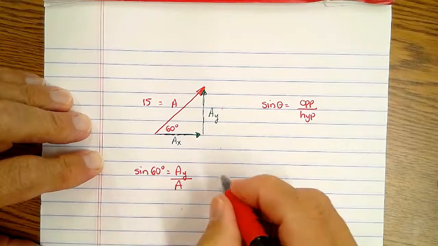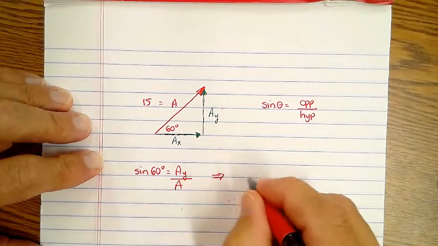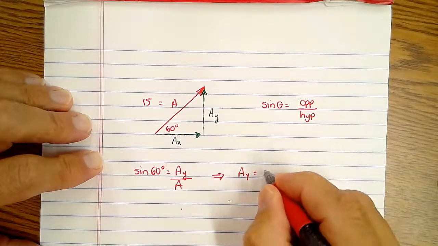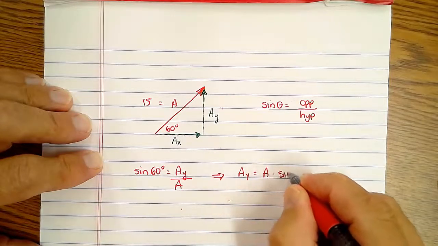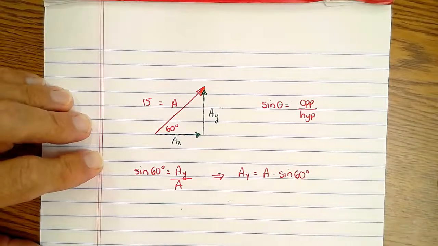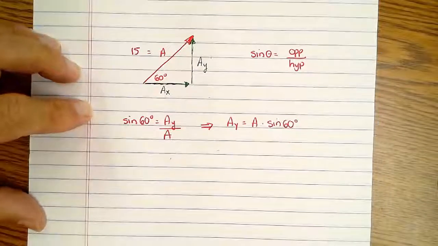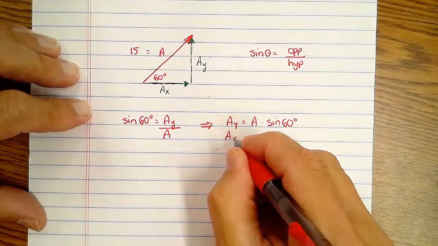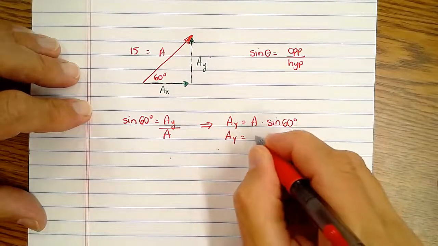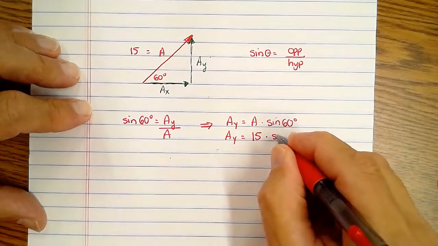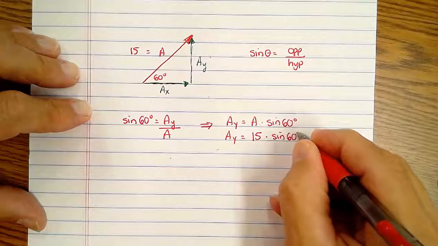I can multiply both sides by A. So that tells us that the y component of the vector is simply A times the sine of the angle, 60 degrees. And for this problem, that means that A in the y direction is equal to the length of the vector, the hypotenuse, which is 15 units, times the sine of 60 degrees.